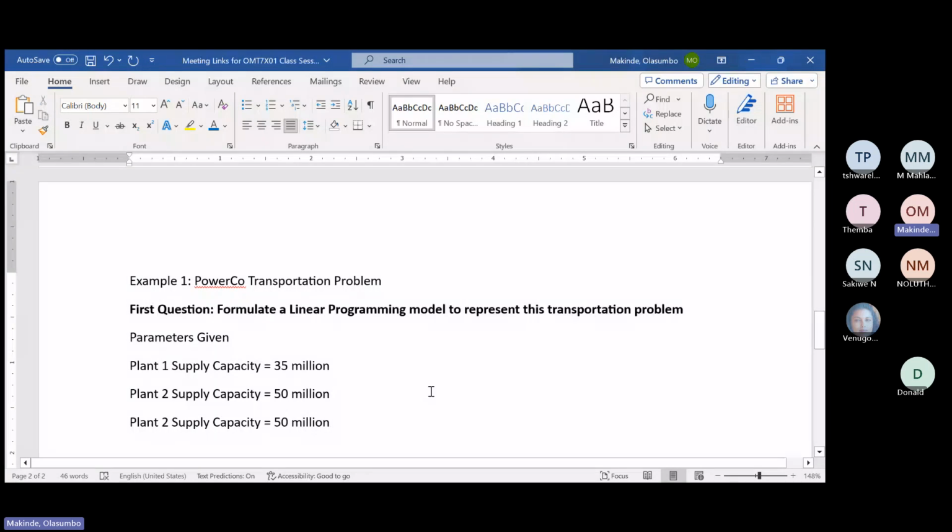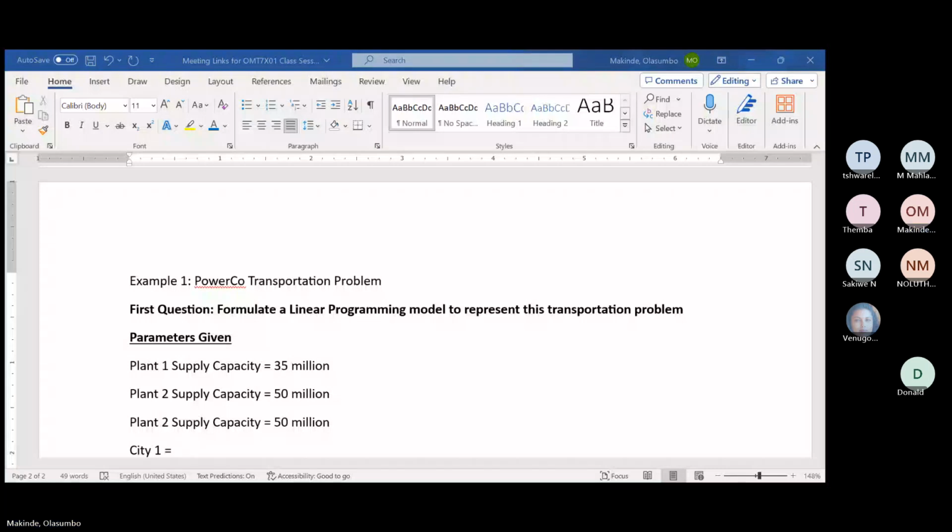So you note the suppliers, then you note all the customers in the scenario. So don't forget the customers are city 1. They told you the demand for city 1, if you go to that scenario, is 45 million.